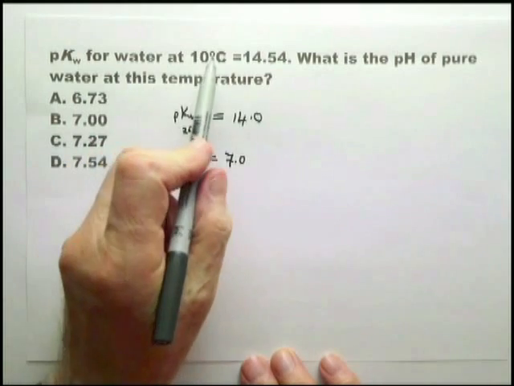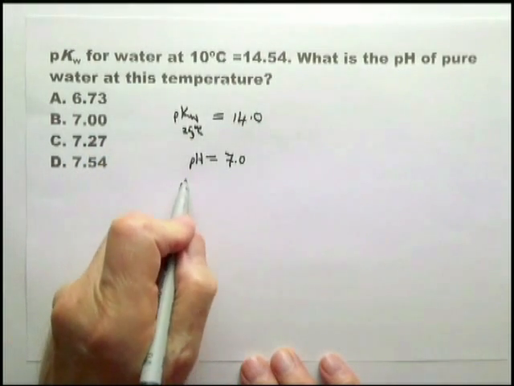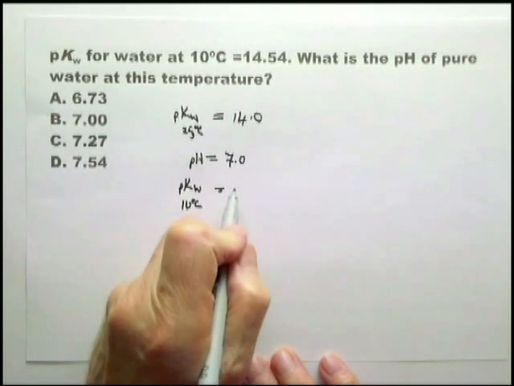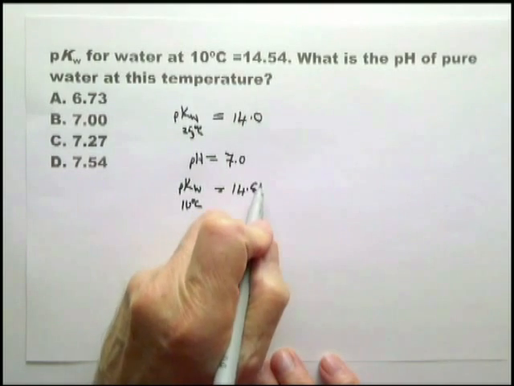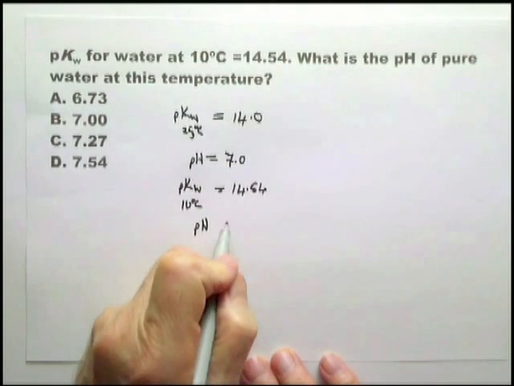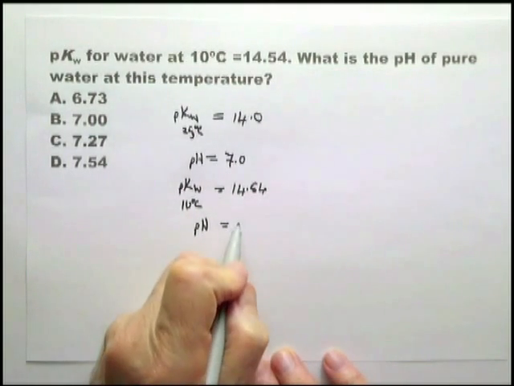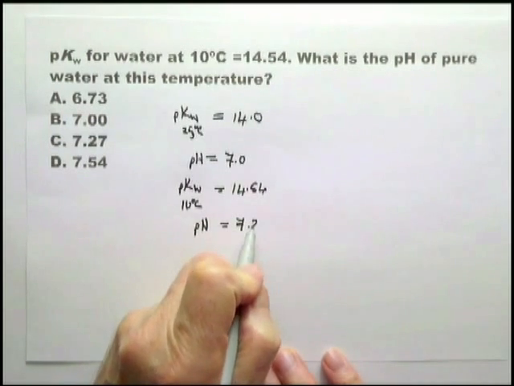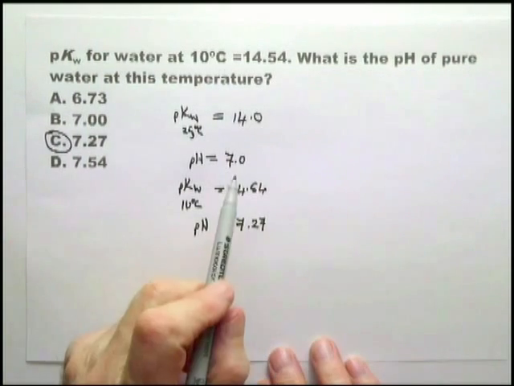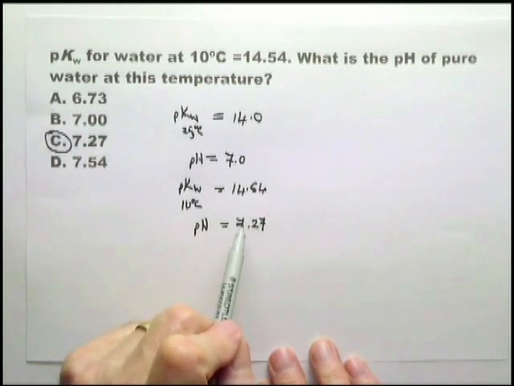Therefore, you can go to that information: pKw at 10 degrees centigrade equals 14.54, and you can say that the pH of pure water is 7.27, which is this.